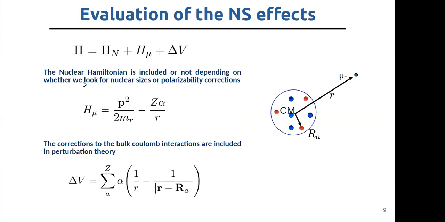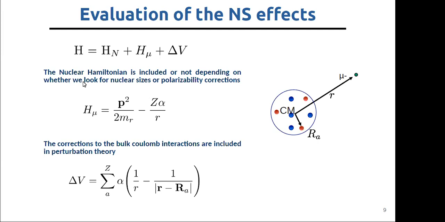This is the non-relativistic Hamiltonian for a hydrogen-like atom. And we solve this analytically. But then we treat corrections in perturbation theory, and the corrections we are looking at are modeled by this perturbation here.